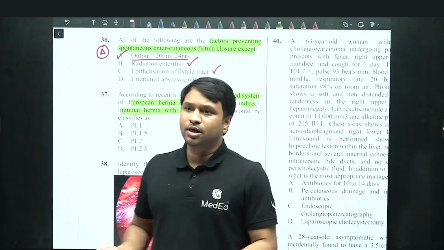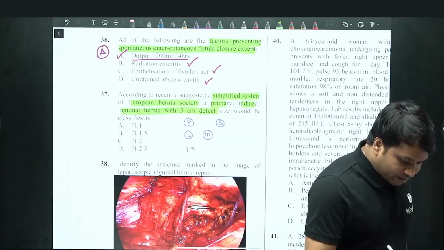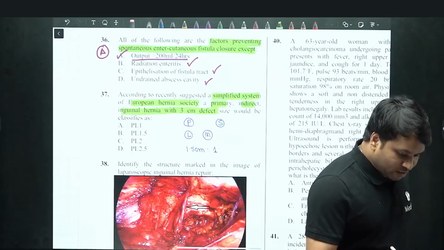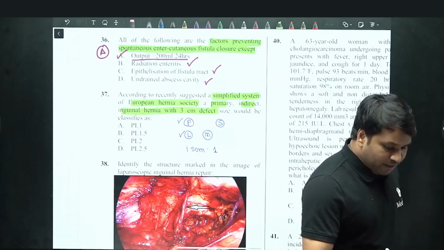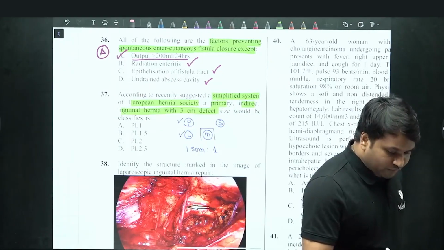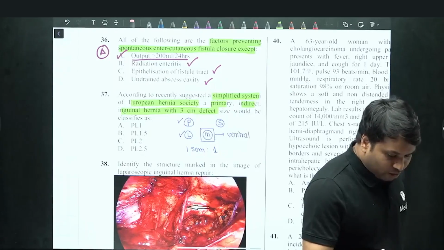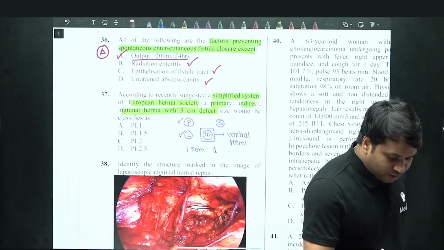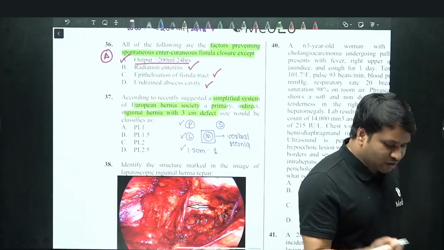And then 1.5 centimeter defect is equal to 1 finger breadth, right? A primary hernia which is lateral means your inguinal hernias. Medial is going to be your ventral hernias. Lateral is going to be inguinal, femoral and all. 1.5 centimeter defect is called 1 finger breadth.